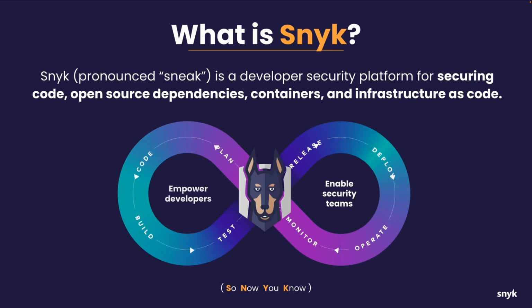It's actually about 8-to-1 developers to security experts. And those security teams don't want to be a bottleneck. So with Snyk, we enable the security teams to help developers find and fix security issues on their own as part of their regular development process. And in case you didn't know, Snyk stands for So Now You Know.